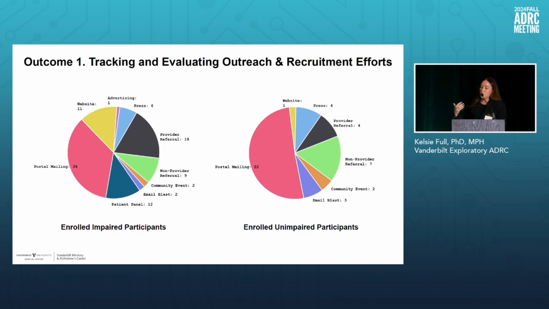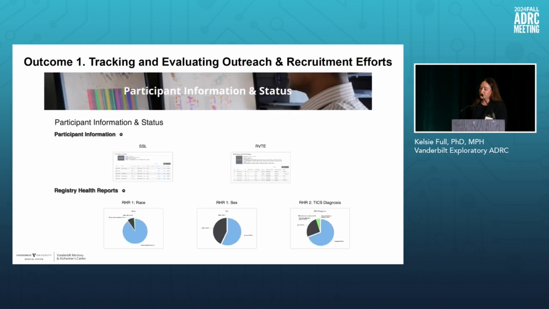So for example, postal mailings are doing well, and then for us, we were excited to see that website traffic was high, and we know that our website traffic is directly linked to our community outreach events. So this is just one example of how we can leverage PITCH to stay on track with meeting our ongoing clinical core recruitment goals. This is an example of the participant information status dashboard, or a snapshot of it. And you can see here we have additional reports that you can click on.